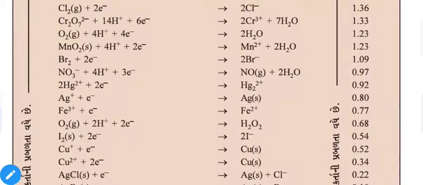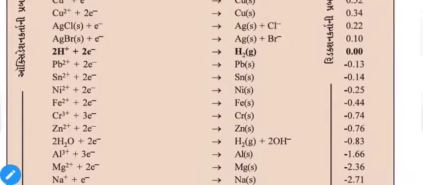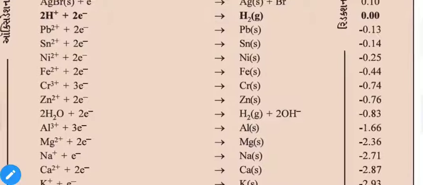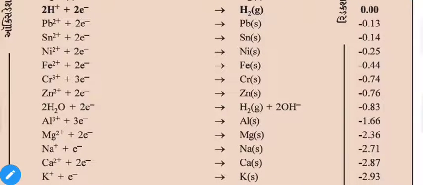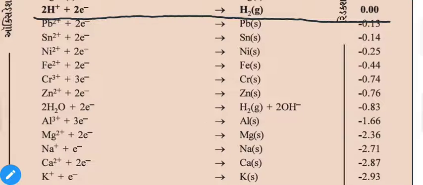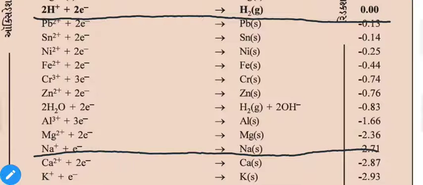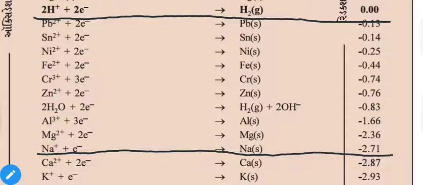So we have hydrogen and sodium, both trying to participate in the reduction reaction. We know that hydrogen is used as the standard and its value is 0, and the value of sodium, as mentioned in this table, is minus 2.71. So it simply means we have a higher value for hydrogen.